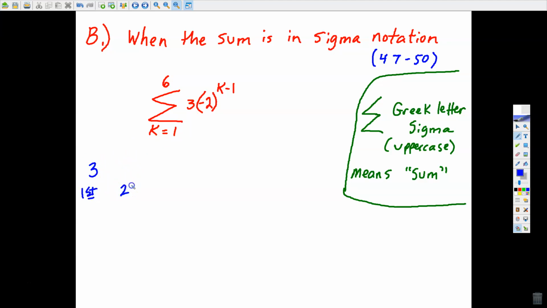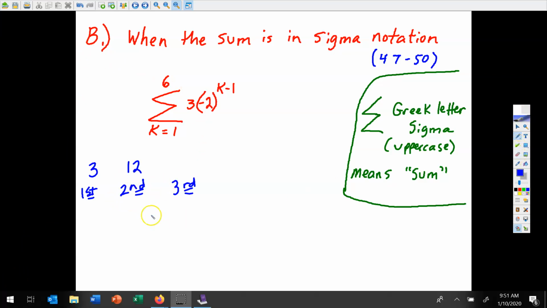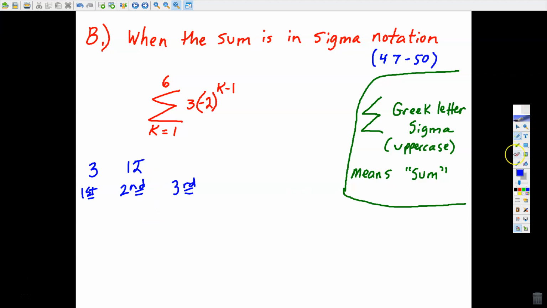The second term, to get the second term, I'm going to take 2 and put it in for k. So negative 2 squared is 4. 4 times 3 is 12. All right. To get the third term, you can probably tell how you're going to, sorry, I just realized that I didn't do that very well.